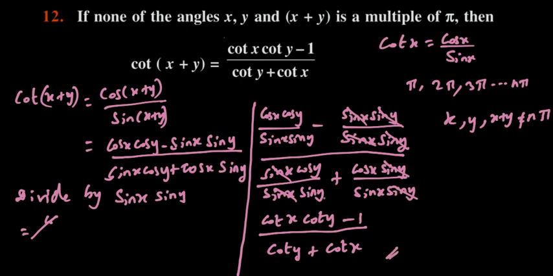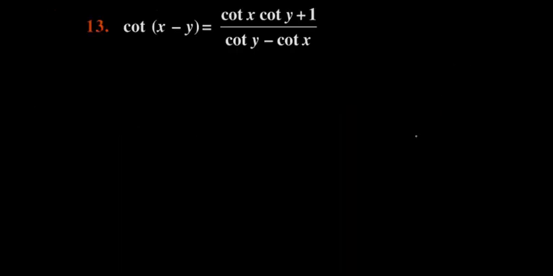Next, cot of x minus y. Cot of x minus y is cot x cot y plus 1 by cot y minus cot x. So in the previous identity, let me keep cot y plus cot x itself; then only here we will write y minus x.